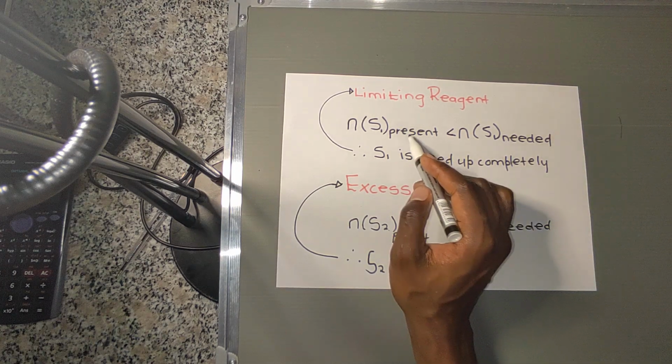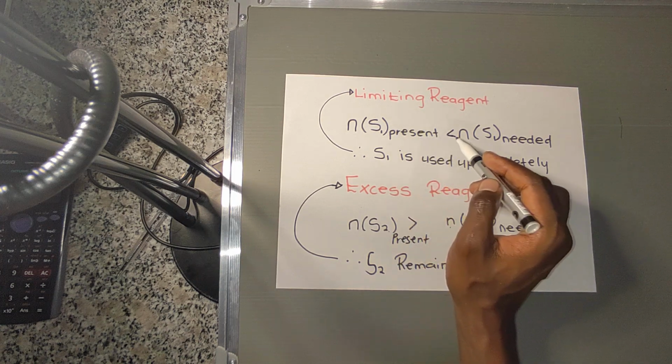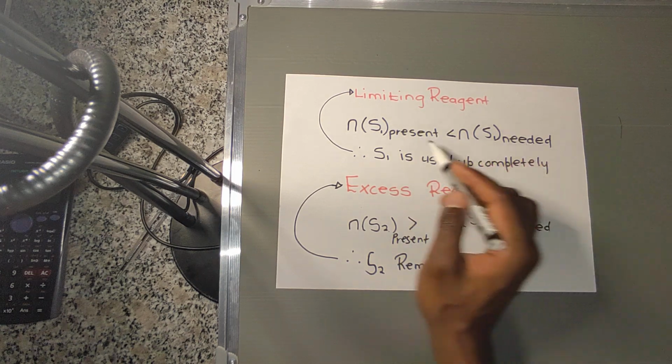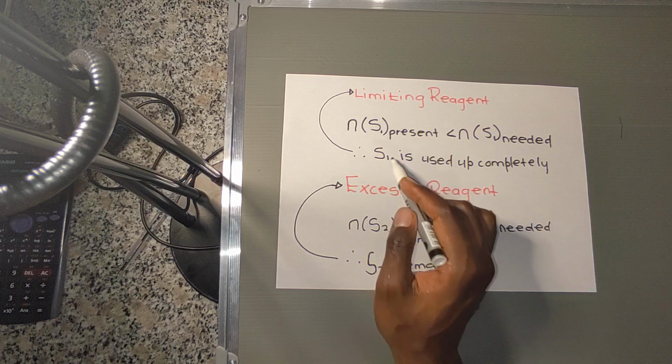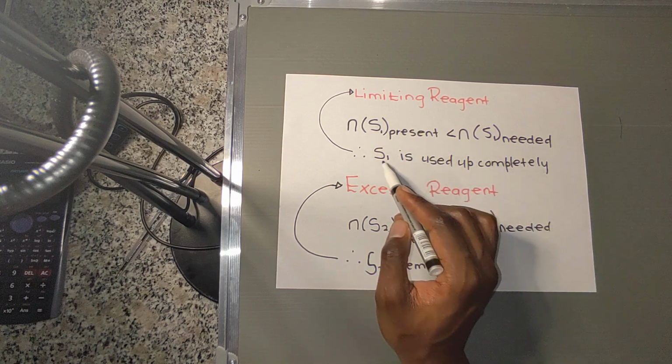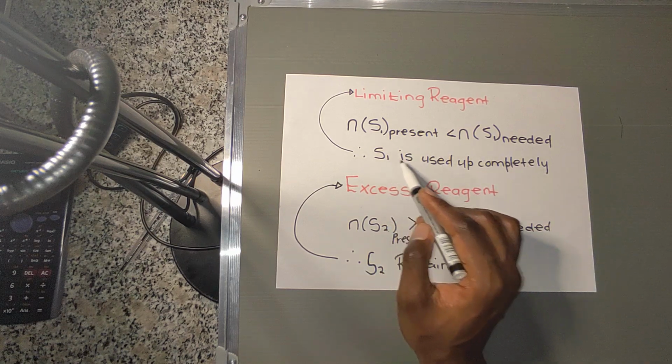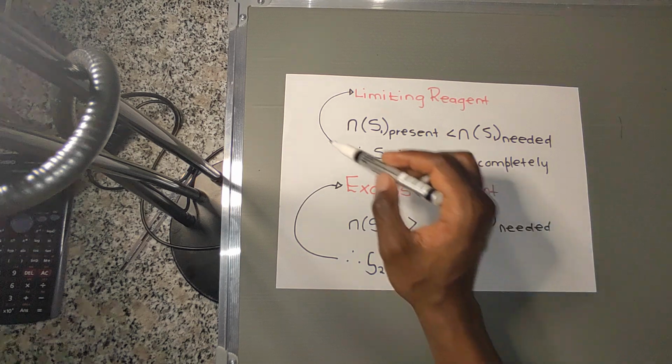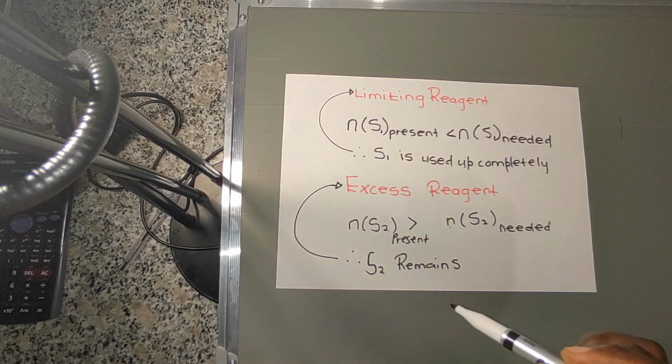If the present number of moles is smaller than what I need, that means whatever I have will be used up completely. Remember, we've seen this definition. If a substance is used up completely, then we have a limiting reagent.